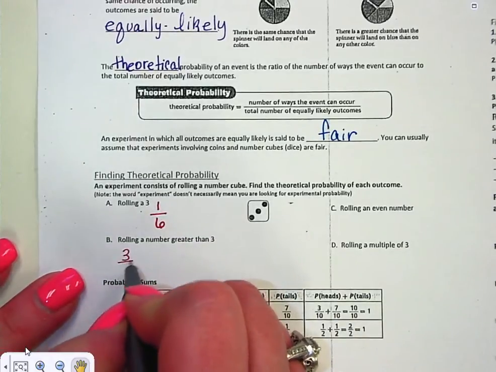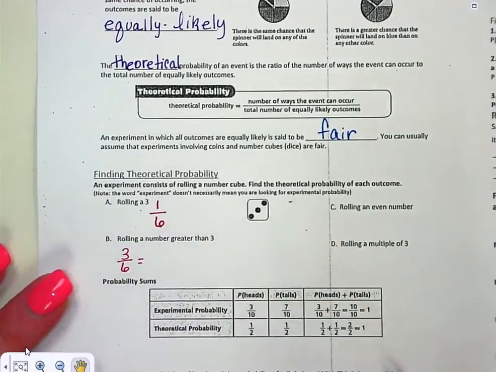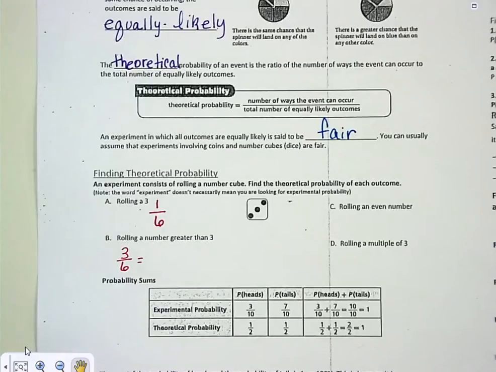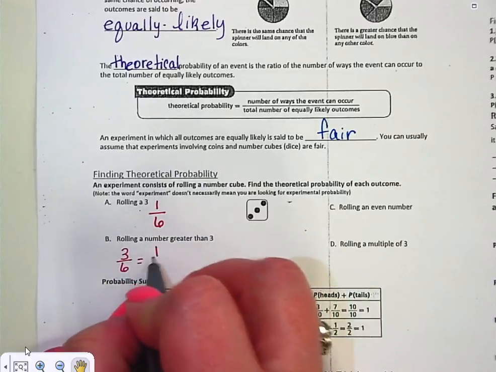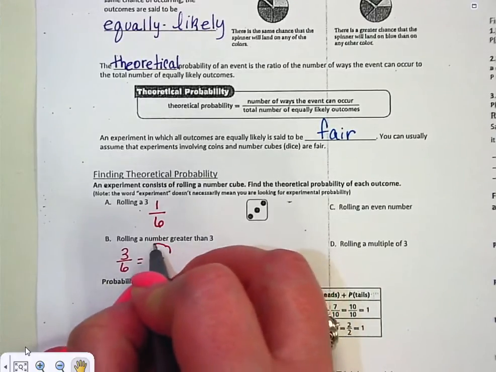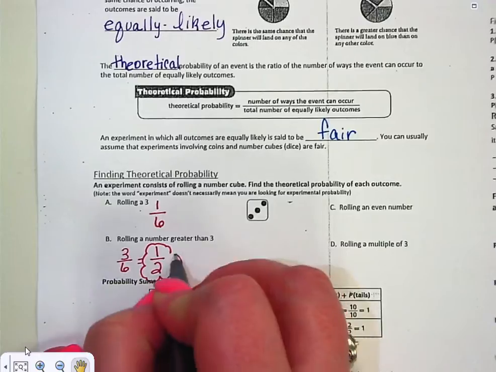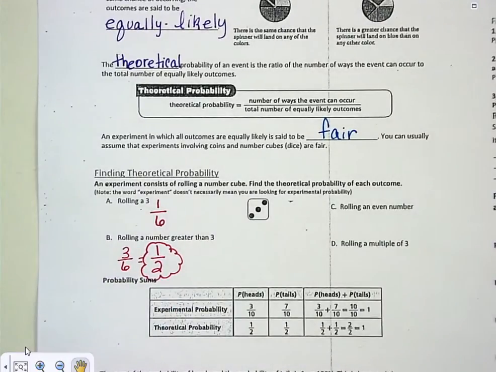If we're getting ready to go into 8th grade and then we're a year away from high school, should we be simplifying fractions? Yeah, we should. So 3/6 simplifies to 1/2. Thank you. So your answer would be 1/2. 1/2 of the sides on a number cube would be greater than 3.